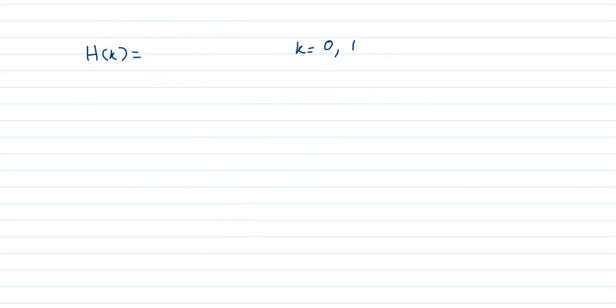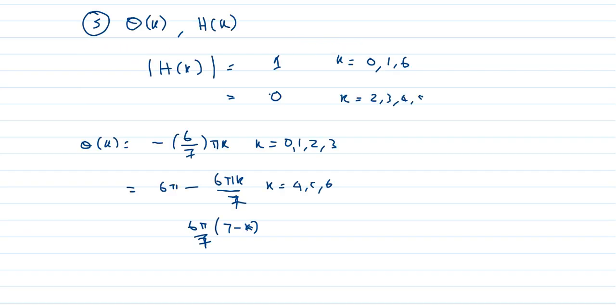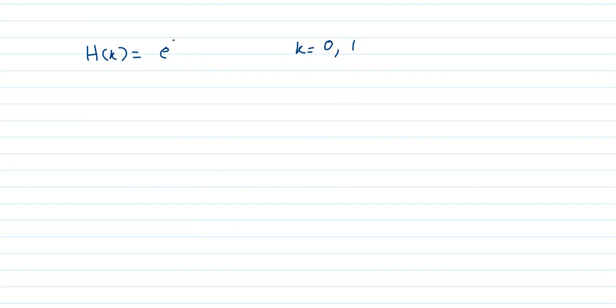So how do I write that? e power, the angle is 6 by 7 pi k, minus 6 by 7 pi k into j. That's how you put it for k equal to 0, 1.